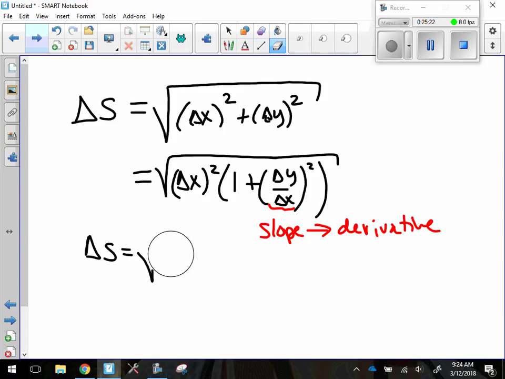So, and also what I can do is now I can bring this delta x squared out from under the radical, right? And what's it going to become?